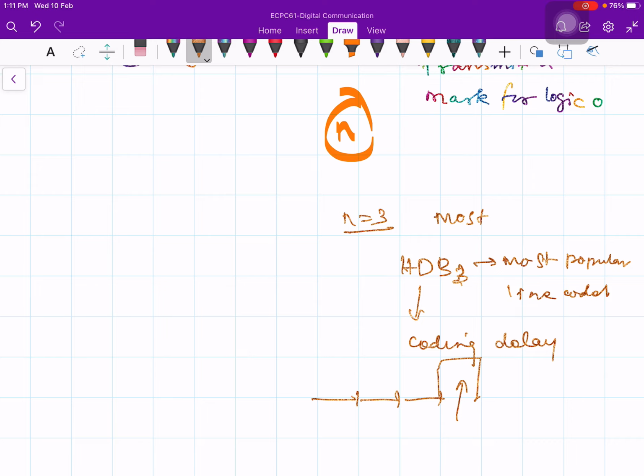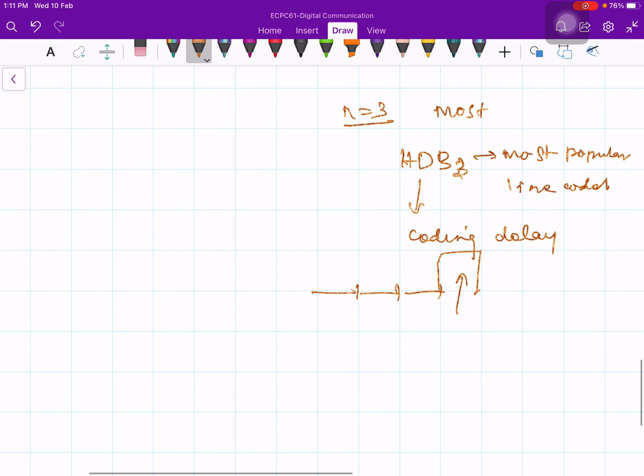Okay, so that's all about the two classes of line codes, the HDB code and AMI code. We have different kinds of codes like polar codes, bipolar codes, on-off codes.